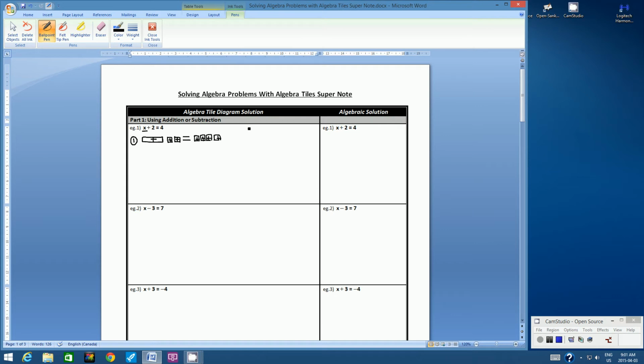We're just going to write a reminder here of what we did. Diagram 1 is draw the question. Write that down as part of your note. So step 1, or diagram 1, is we're going to draw the question.